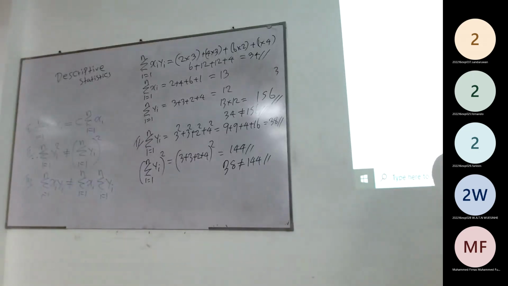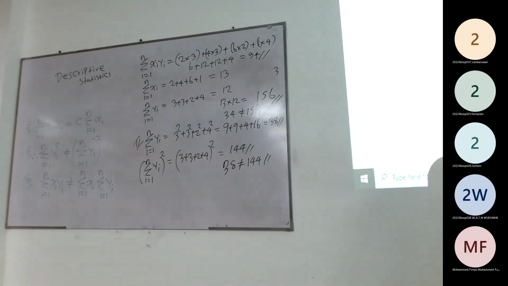What are the measures? Measure of central tendency, measure of dispersion, measure of skewness, measure of kurtosis. You have noted these down.